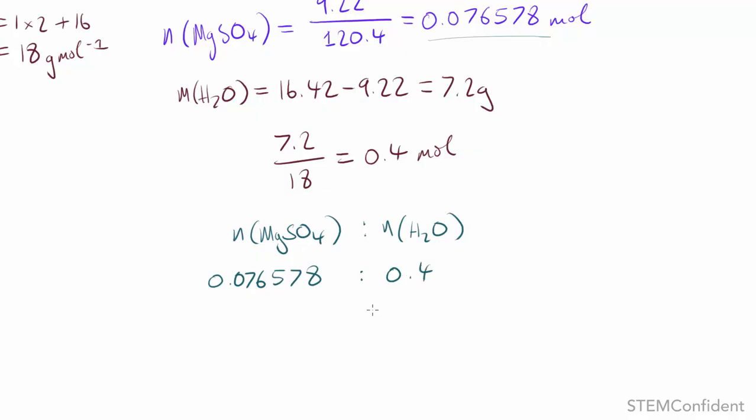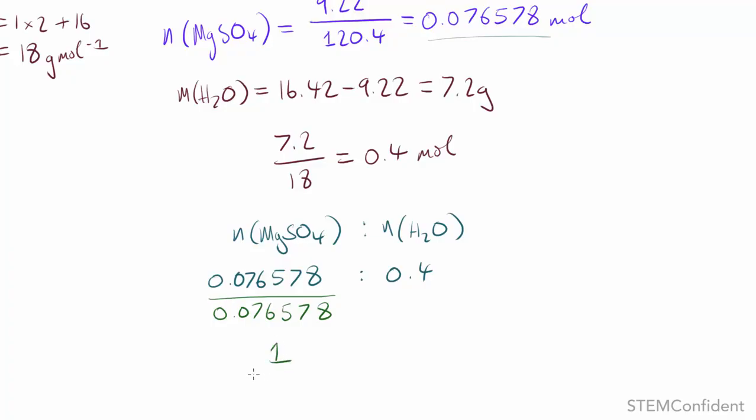And we want to get the value on the left to be 1. And so how can we do that? Well, let me go step by step here. If we divide a number by itself, you're going to get 1, right? So I'm going to divide this by itself, 0.076578, right? And that's going to give us 1, okay?